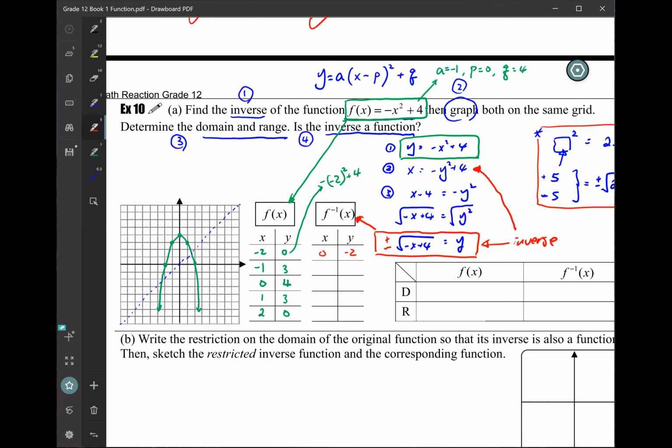Sorry. Yeah, where'd you go? Sorry. I think the thing cut out for a second. Yep. So, rest of the table. 3 and -1, very good. 4 and 0, yep. 3 and 1, yep. 0 and 2. Okay, very good.